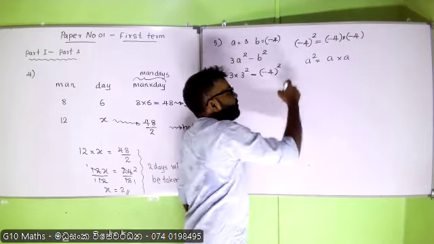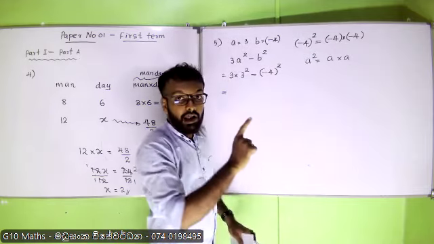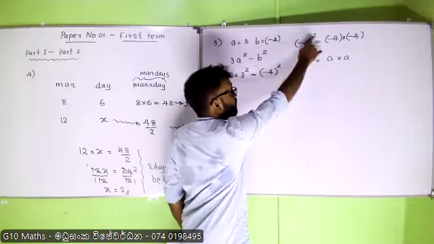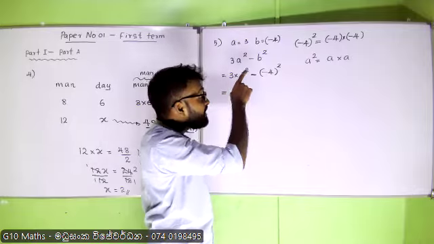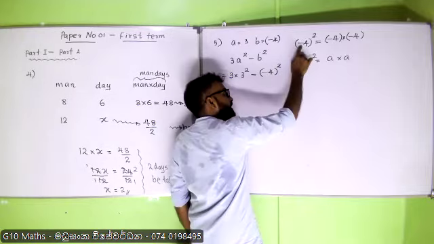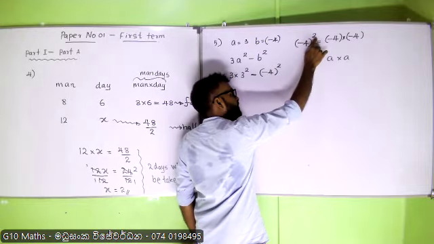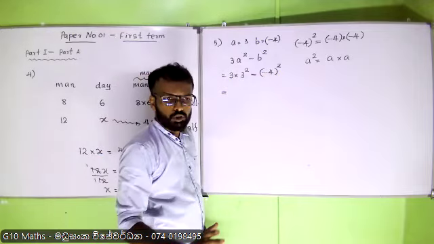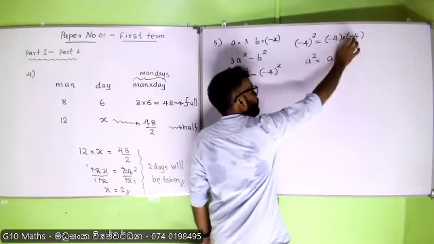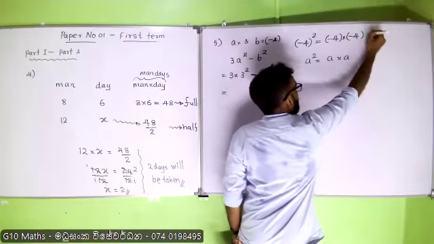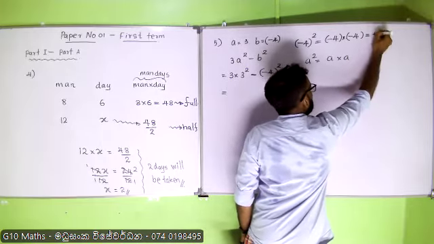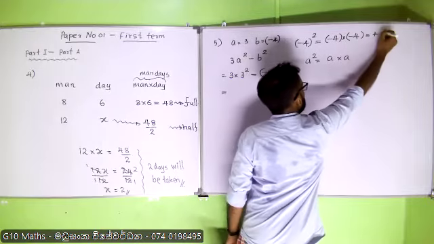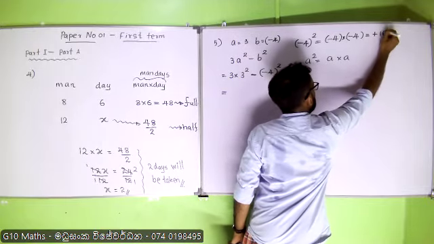When you have a negative value and an even power, the final answer is definitely positive. That means negative into negative is positive. 4 into 4 is 16.